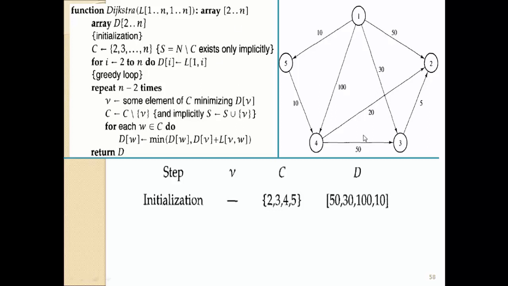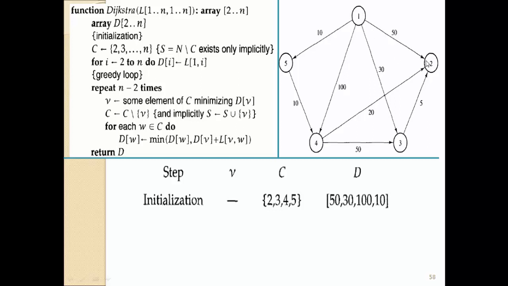The second thing is that every edge has some weight, so we have to identify the shortest path from one node to every node of the graph. So we consider any node as the source node, and the remaining nodes are directly considered as destination nodes. For example, we are considering node number 1 as the source node.